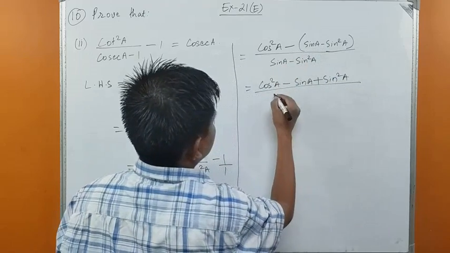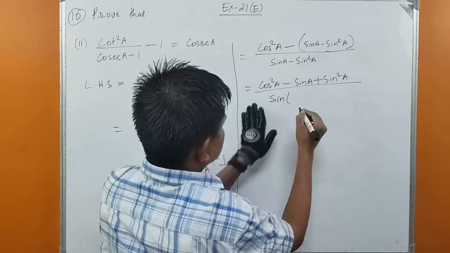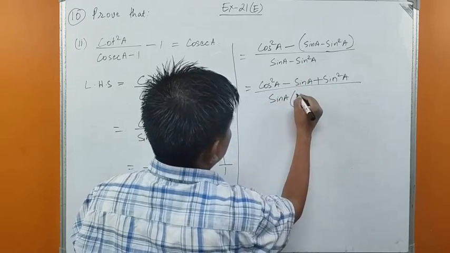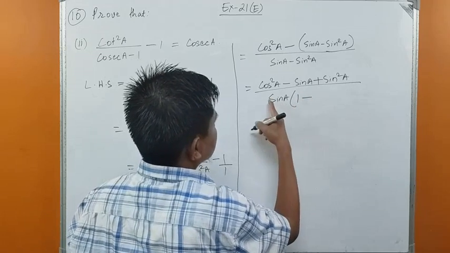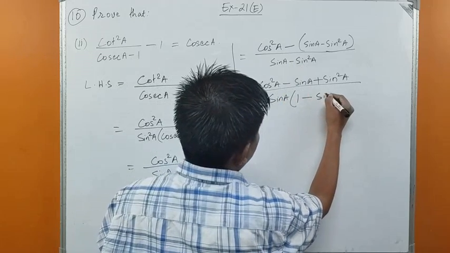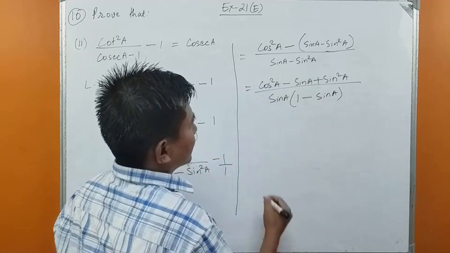And in the denominator, let's take sin A common. Sin A is taken common here, sin A. So if sin A is taken common, we have 1 within the bracket, minus plus into minus gives us minus, sin A into sin A, sin A into sin A gives us sin square A, isn't it?